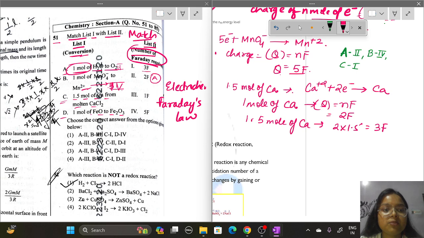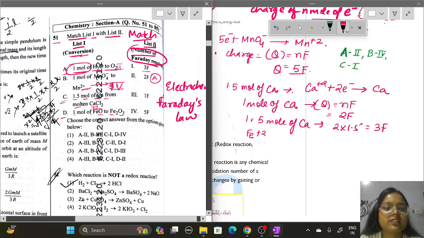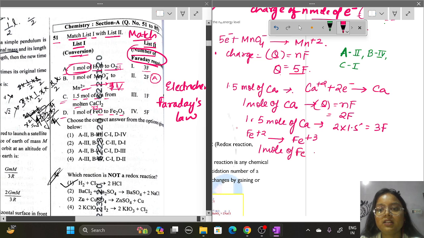Next is 1 mole of FeO to Fe2O3. Let us write the equation first. FeO has the plus 2 oxidation state of Fe, which is converted into Fe plus 3. So 1 mole of Fe will require 1 Faraday of electricity, because 1 electron is involved in this case.